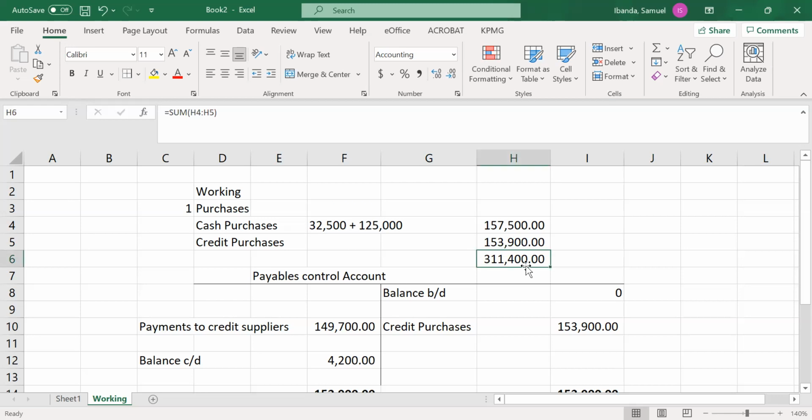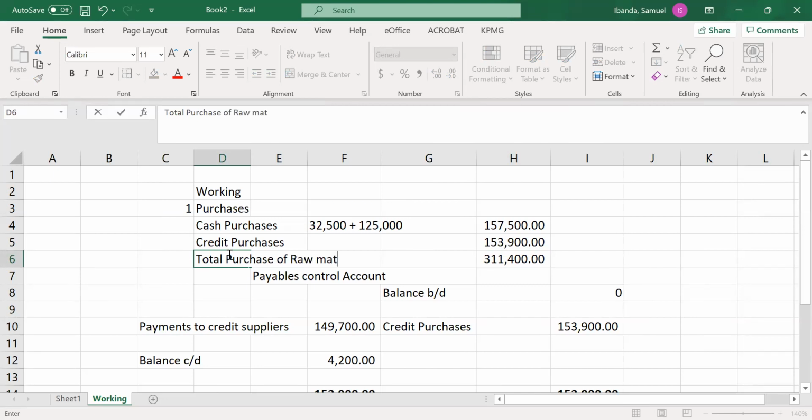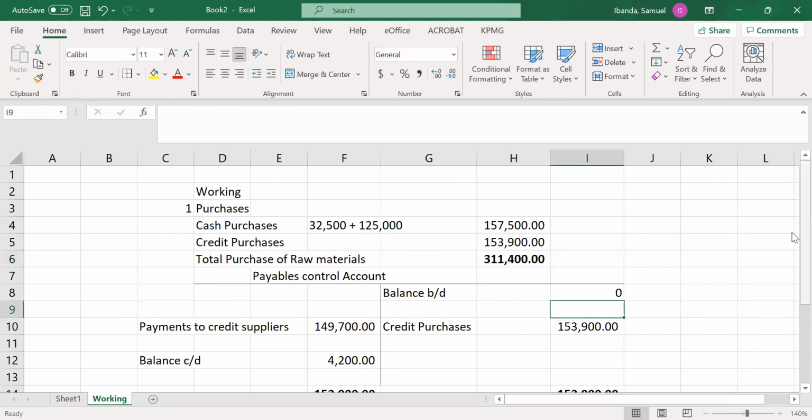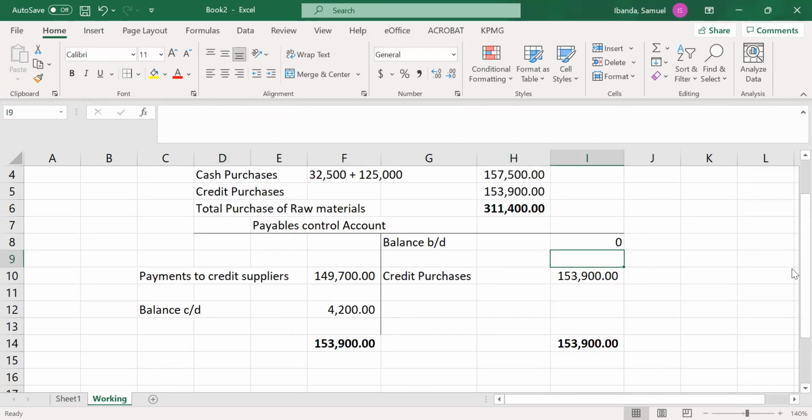So these are my total purchases of raw materials. So I've been able to use my control accounts to determine the credit purchases. So control accounts are basically used to determine credit purchases and credit sales. But in this case, I was only interested in the credit purchases for now. We shall calculate the credit sales when we get there.